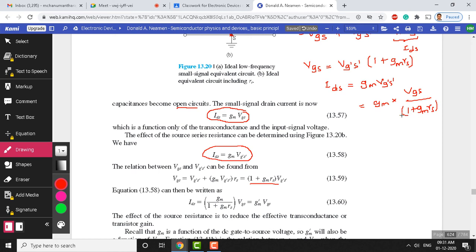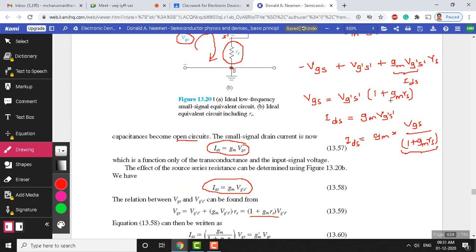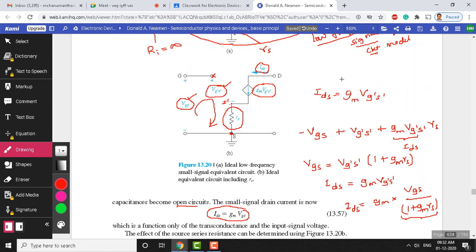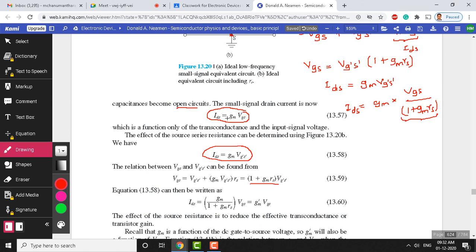Okay, look at this drain source current. What happened to the drain source current the moment this RS is introduced? It has decreased, right, by this much factor. You can see that here. Compare this with this equation. So let us rewrite here equation 13.57: IDS is equal to GM times VGS.